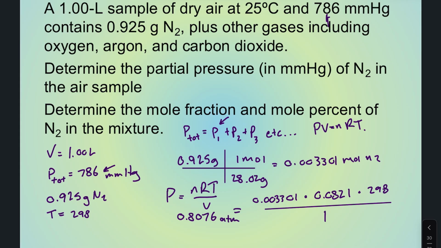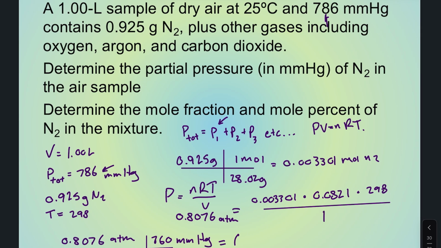And so we can then take 0.8076 atm for every 1 atm. There are 760 millimeters of mercury, and we get out the other end 613.79 millimeters of mercury.